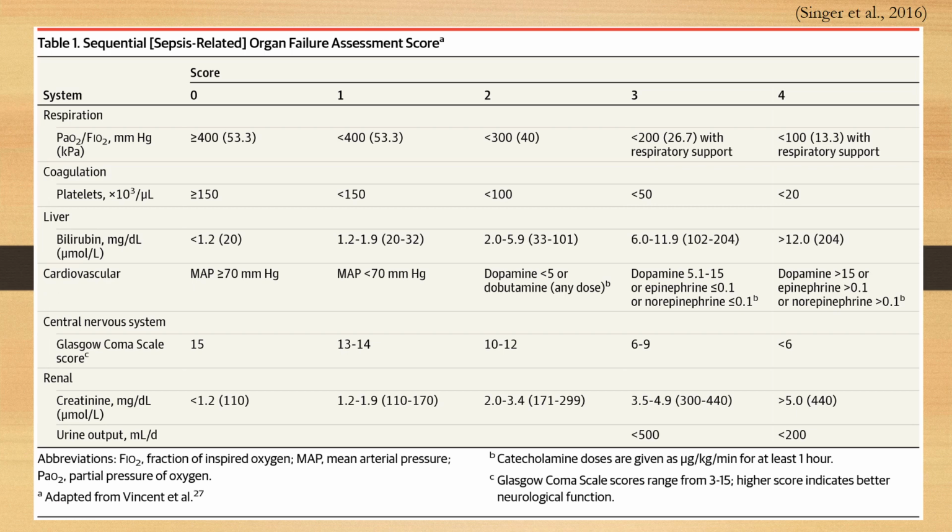This is the table that encapsulates the SOFA score, and you're looking at things such as blood results, whether they're needing inotropes, urine output. Unfortunately, it's something that's going to be done in an intensive care setting or well after initial treatment in an emergency department should have been commenced.